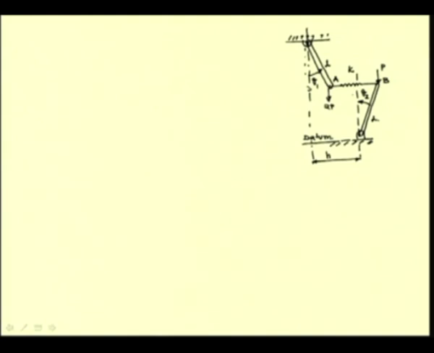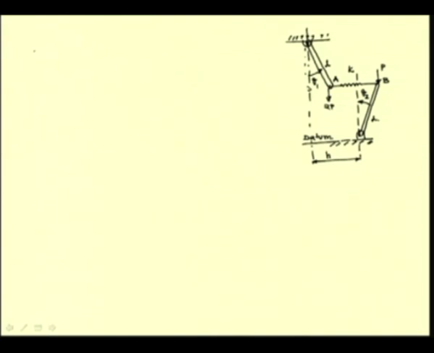So, in order to derive the quantity for the stretch of the spring, we should know the coordinates of this point A and the point B. So, let us try to write with respect to some datum. Say we have taken this as the datum for measuring the horizontal displacement and this as the datum for measuring the vertical displacement.